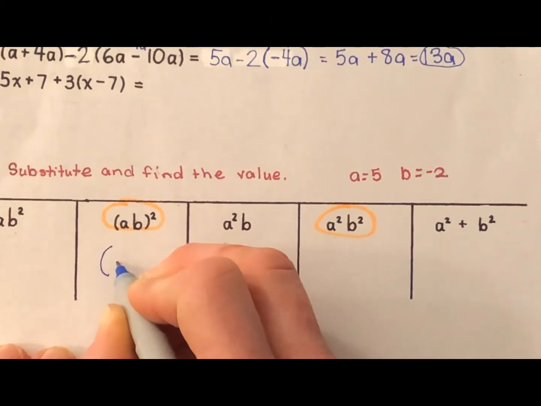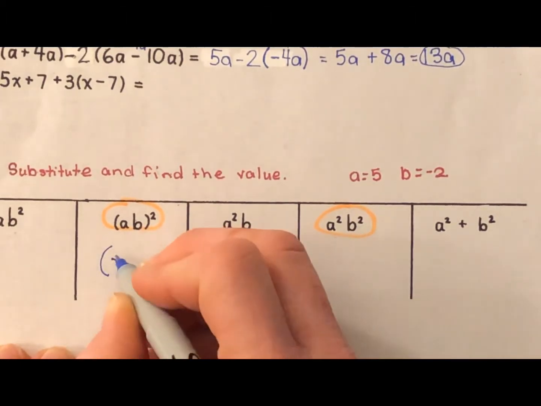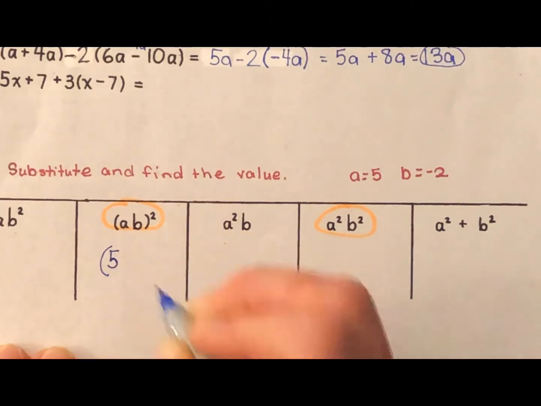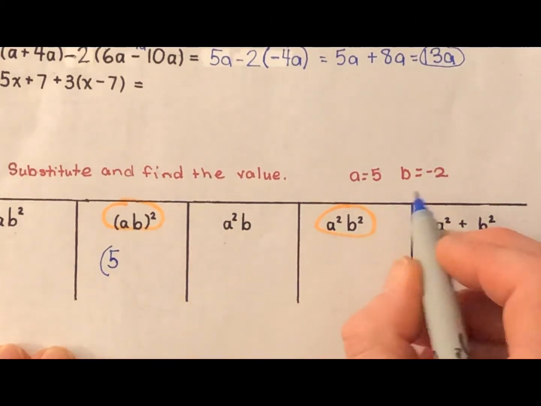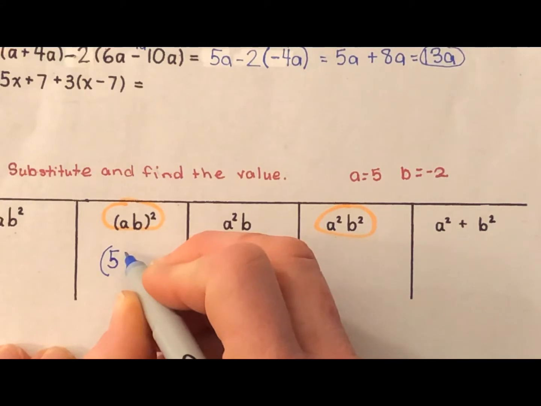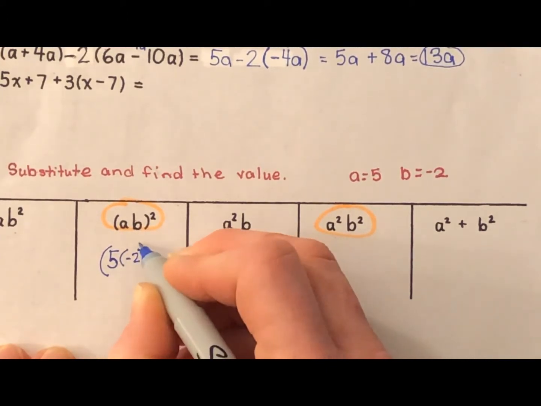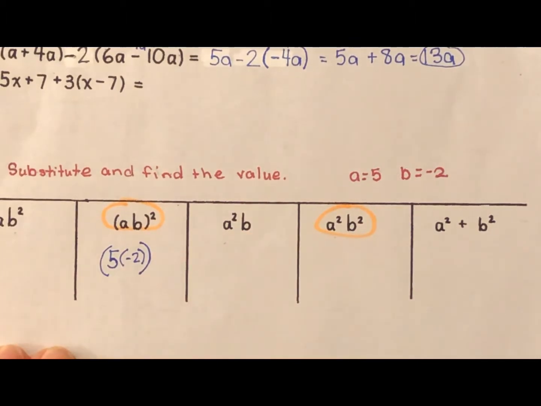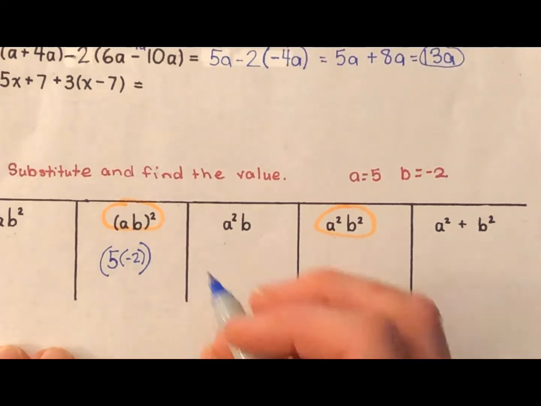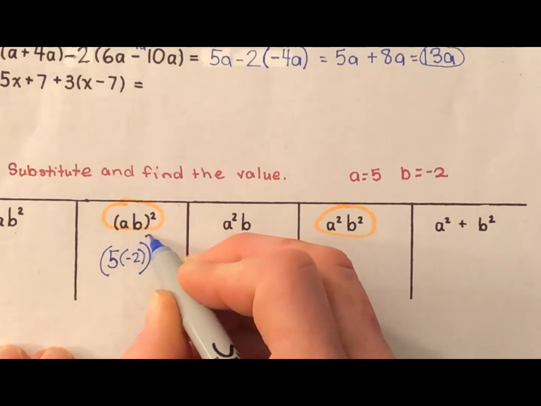So I'm going to put a is 5, and then b is negative 2. So I'm going to put negative 2 like that. So I've got my negative in a little small set of parentheses, and then I've got my original parentheses bigger because they're on the outside, and then I'll square the whole thing just like that.